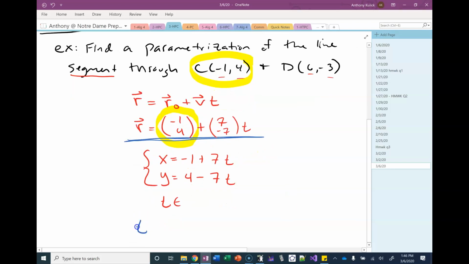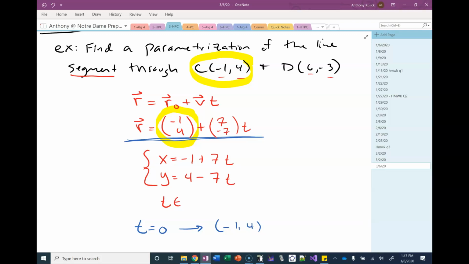Right? So if t equals 0, that last vector is going to drop off, and you're going to be left with the point -1, 4. Everybody see that?